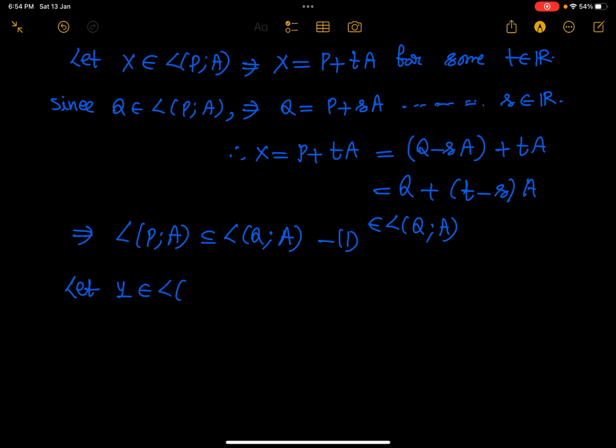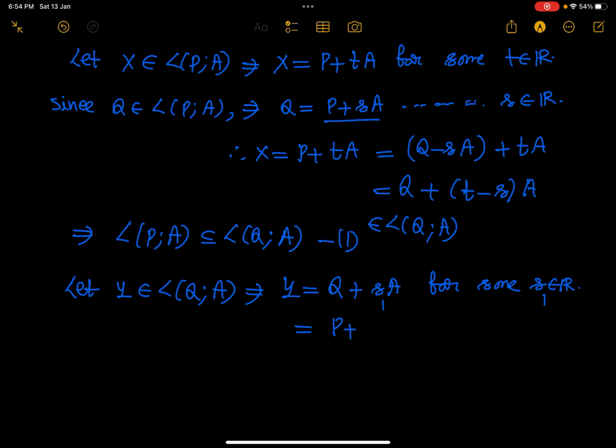Now let Y be in L of Q, A. That means Y is equal to Q plus SA for some S in R. So this means, maybe we write S1 because we have already chosen S here, we put the value of Q, because Q is given in L of P, A. We get Y is equal to P plus S1 A plus SA, which is P plus (S plus S1)A.